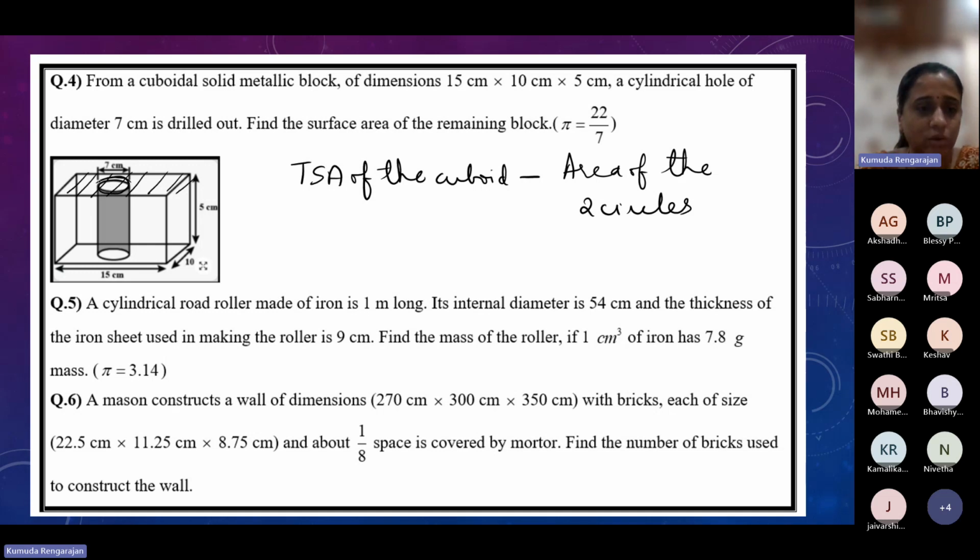So this circular portion has no area, but the TSA of the cuboid includes it. So it's the TSA of the cuboid minus the area of the two circles. Continue.